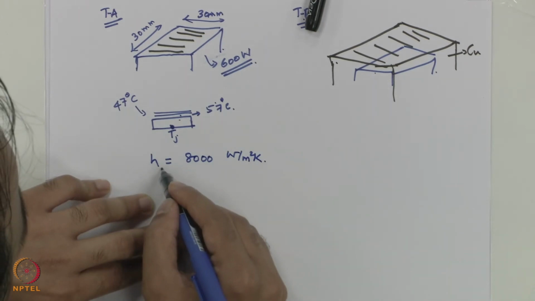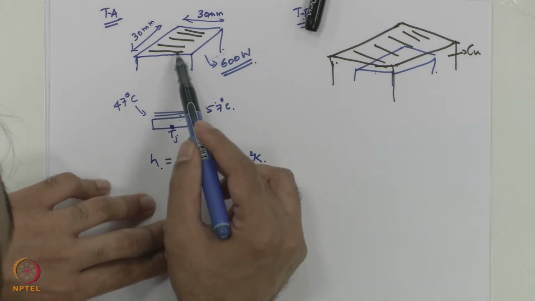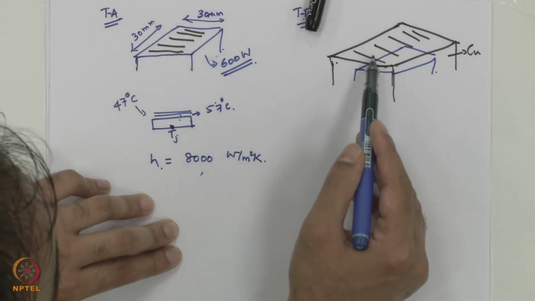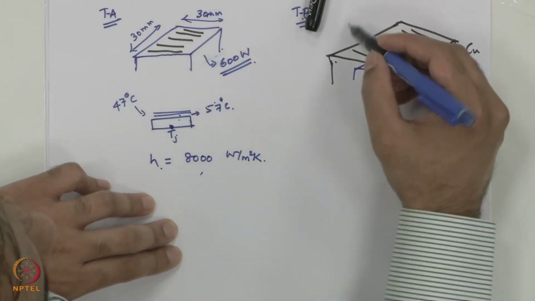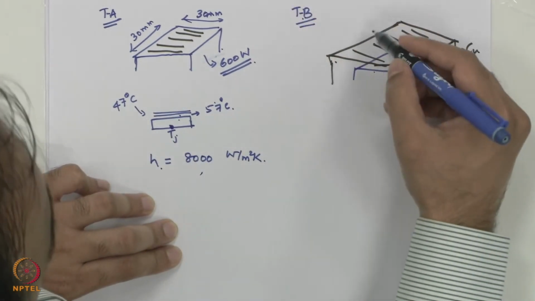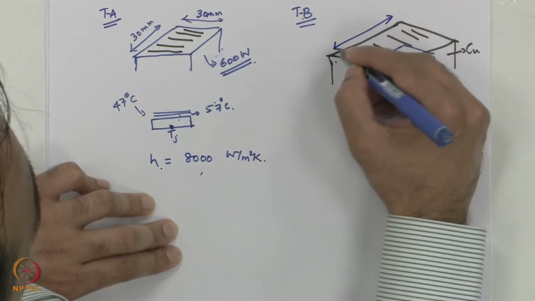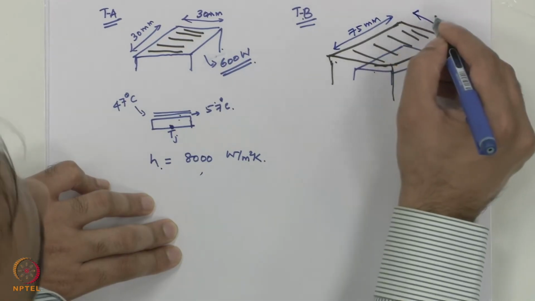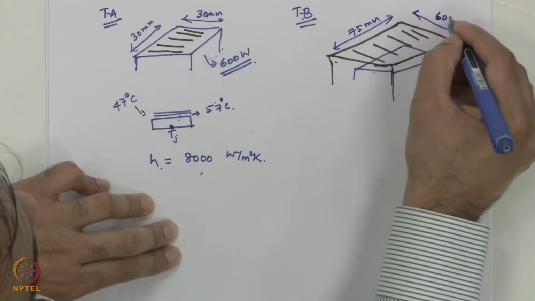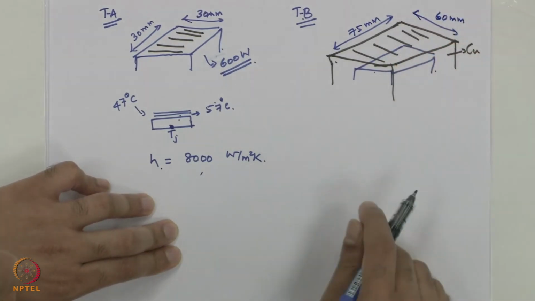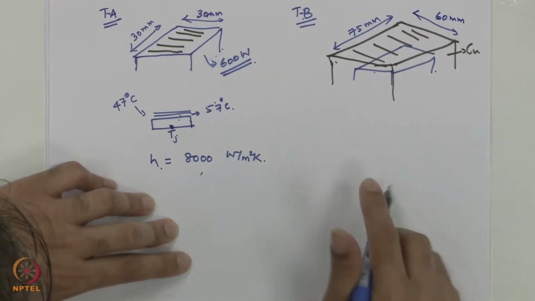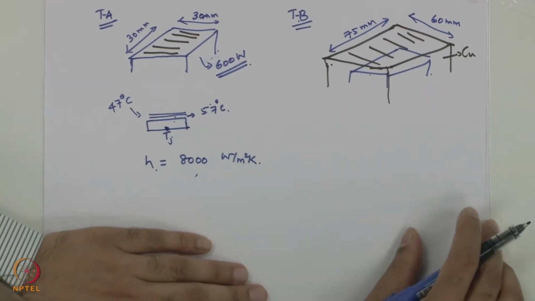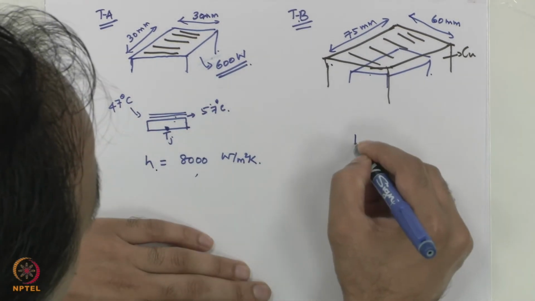So the heat transfer coefficient when you enable the microchannels on the silicon is also 8000, and if you enable it on a copper but on a wider base, this wider base, the heat spreader area, is 75 mm by 60 mm. And we have to first draw the network here.